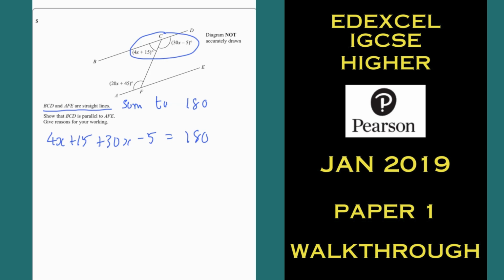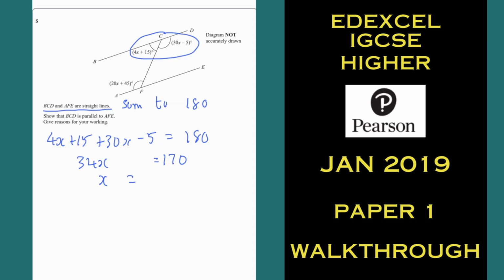That's where you can start. Off we go. Simplify the x's and add 5 to both sides. Subtract 15 from both sides. 170.